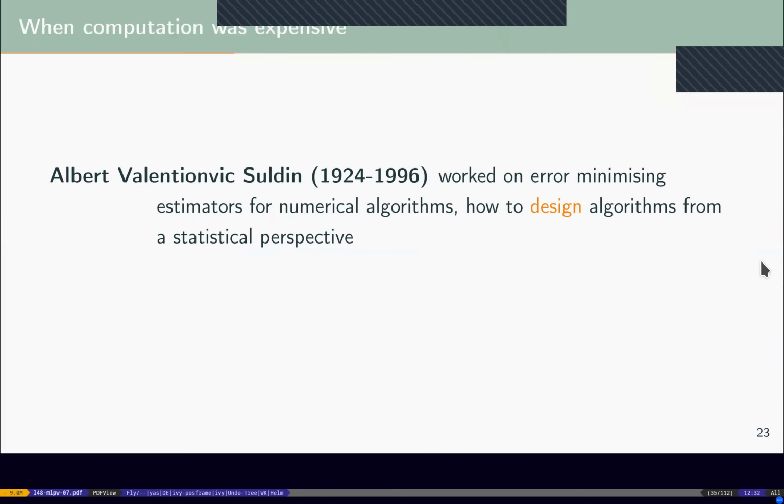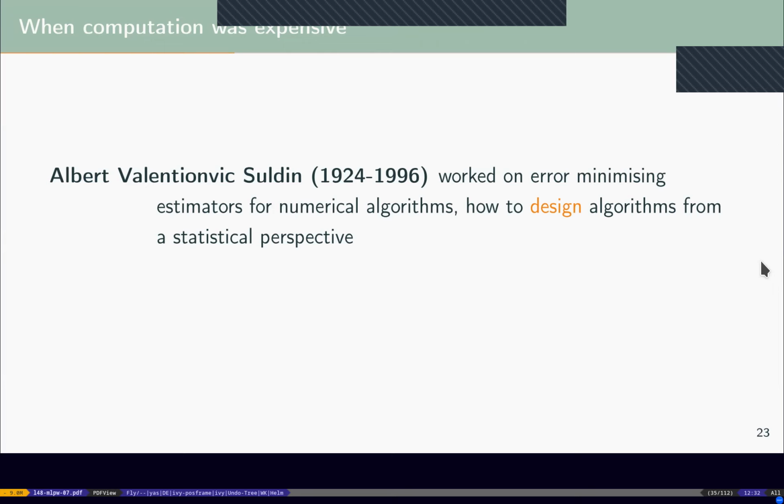I've also wanted to mention, before I go into the details, two other people who really revolutionized this field. Albert Sulden, who was at the university in Kazan, which I believe is in Siberia, wrote lots of stuff in Soviet Union journals that no one knew about. What he worked on was error-minimizing numerical algorithms.